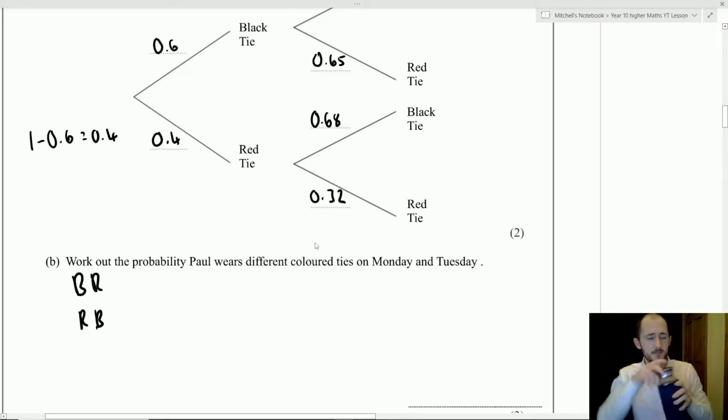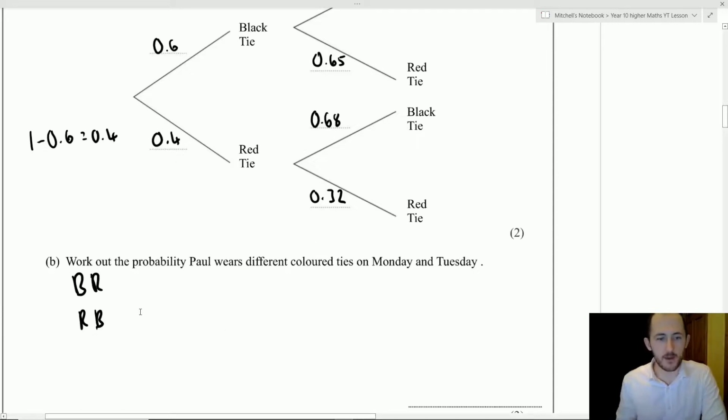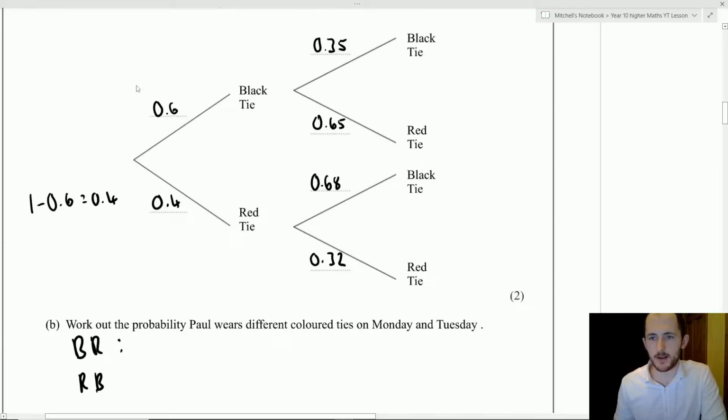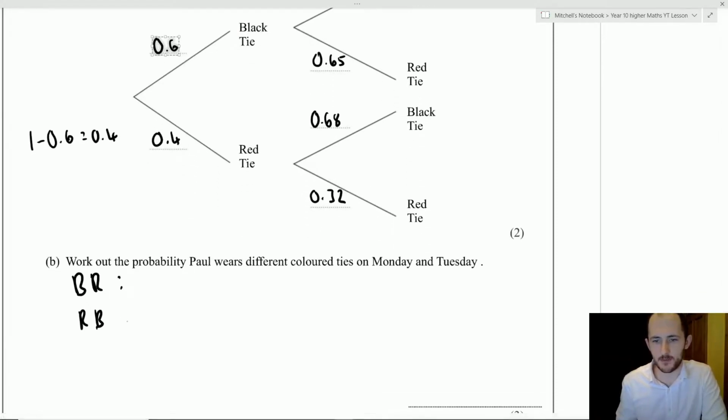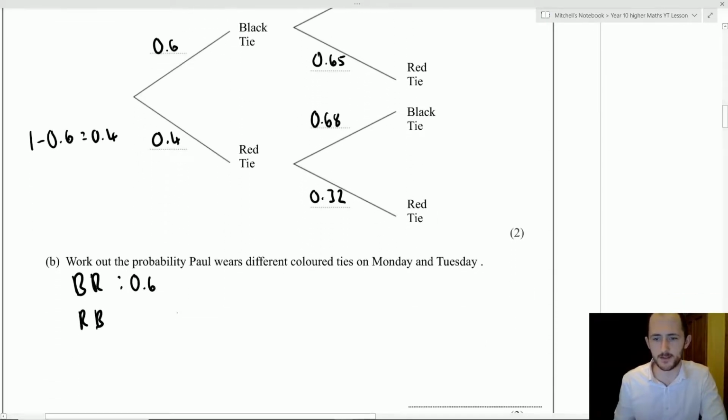Okay. So again, we can work out these probabilities now. Black tie on Monday, 0.6. So let's put 0.6 here. And then, because we're moving along the tree, we times that by the red tie on Tuesday, 0.65.